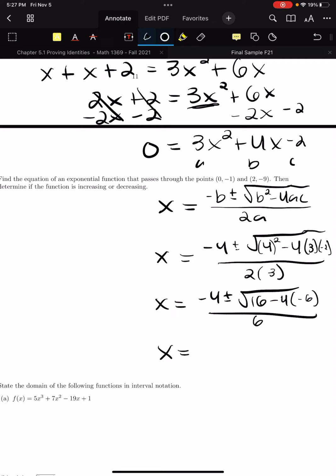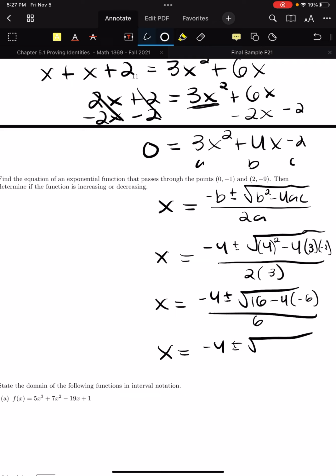So x is going to equal negative 4 plus or minus square root of 16 plus 24, if I have that math right. Hold up.